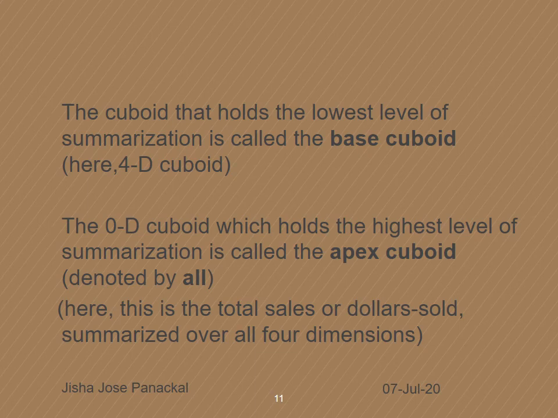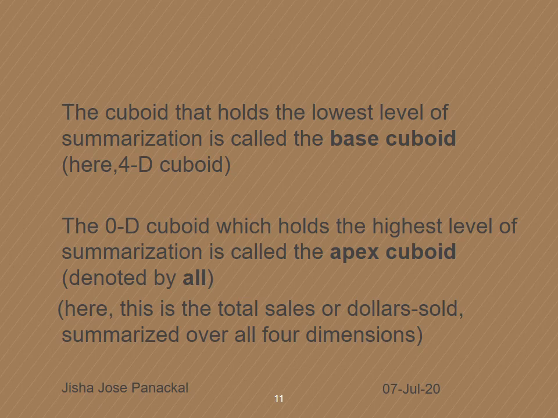The 0D cuboid, which holds the highest level of summarization, is called the apex cuboid. It is denoted by all. Here, this is the total sales or dollars sold summarized over all 4 dimensions. So the total sales can be seen by this cuboid.